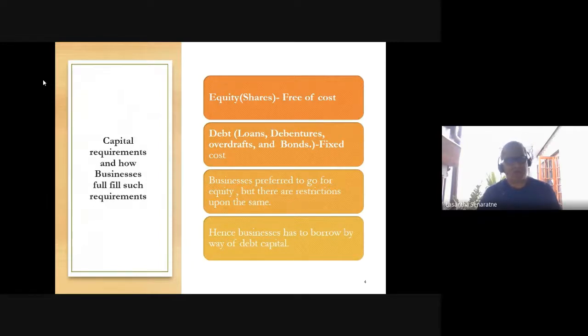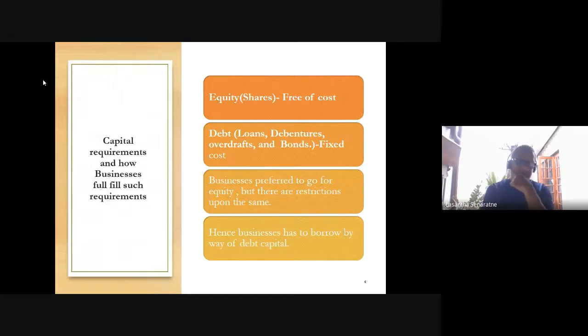The non-voting shareholders are also a group of people who will bring money for the company as equity, but they can't vote at the annual general meeting. So basically, a company can issue shares to the public, once again, only listed entities. They can issue shares, voting and non-voting, and they can get equity for them to expand their business.